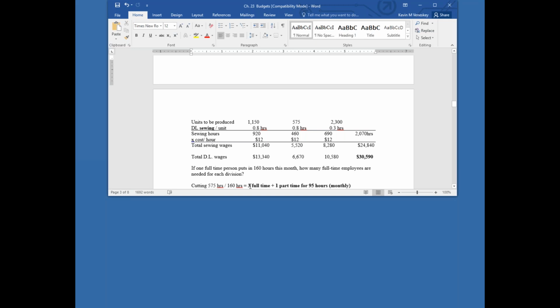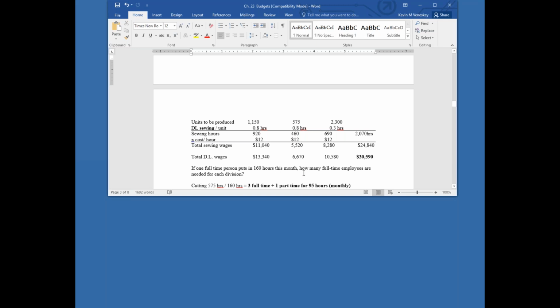That's how many full-time employees we need. Then take 3 times 160, which gives you 480. So 480 hours is covered by 3 people. How many hours do I have left to fill? When I do the subtraction, 575 minus 480, I'm left with 95 hours for our part-time person.